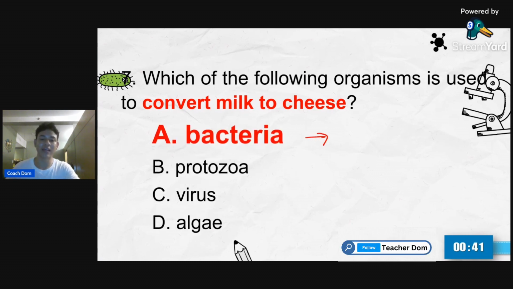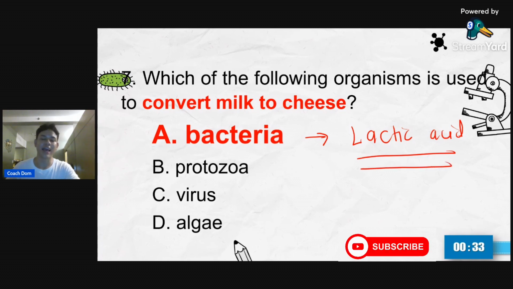Mayroon po tayong tinatawag na lactic acid bacteria. Etong lactic acid bacteria, ito po ay mga microbes or mga bacteria na ina-add sa gatas or sa milk very early in the cheese making process. So this is included during the fermentation process.